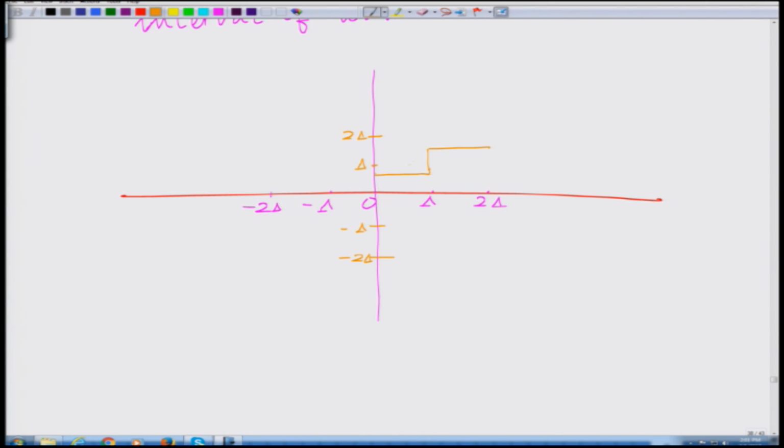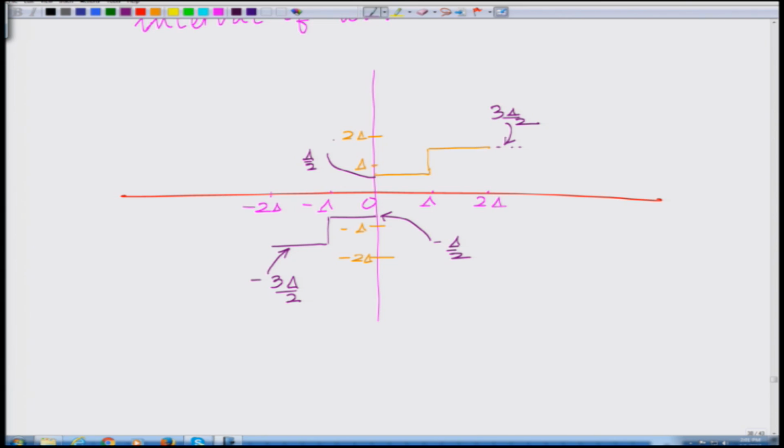Of course, in minus delta to 0, you are mapping it to minus delta by 2, and minus 2 delta to minus delta, you are mapping it to minus 3 delta by 2. So, basically, this is delta by 2, this level is 3 delta by 2, this is minus delta by 2 and this is minus 3 delta by 2.